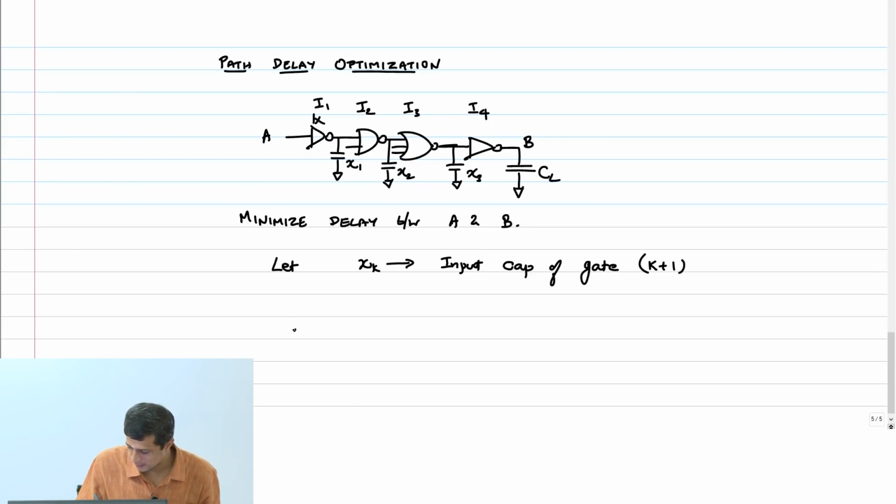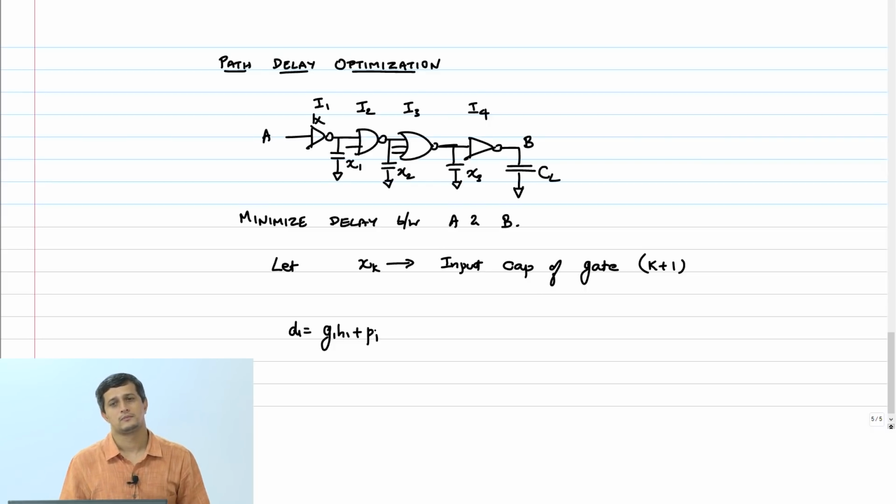I can write D1 as G1 into H1 plus P1. Of course here it's an inverter, so G1 is 1, P1 is 1 and so on. But in general I can write it as the delay of the kth stage is Gk into Hk plus Pk. Okay. What is H1 now?